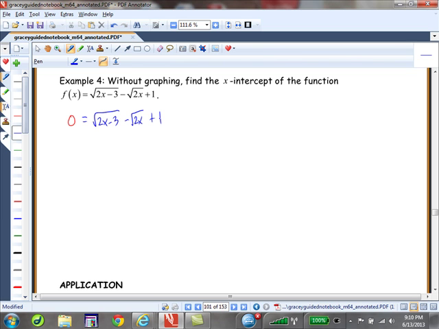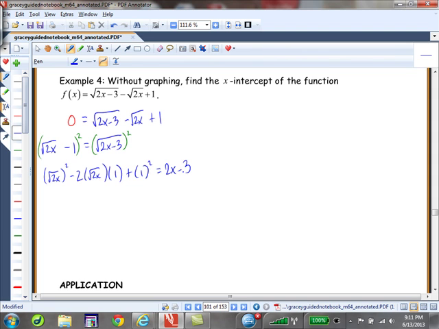I'm going to add the 2x and the root 2x and subtract the 1 and get them on that left side. So we'll have a positive root 2x minus 1 equals the square root of 2x minus 3. And then we square both sides of the equation, and we will get root 2x squared minus 2 times root 2x times 1 plus 1 squared equals 2x minus 3.